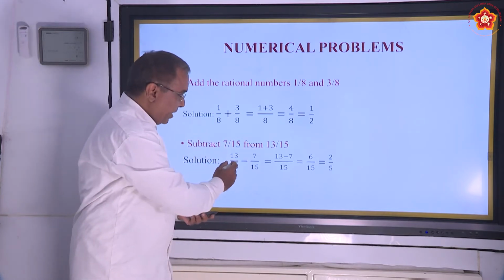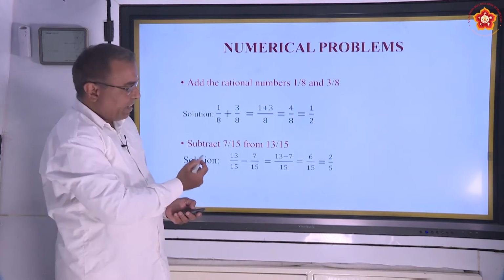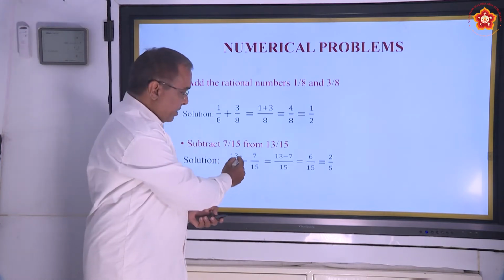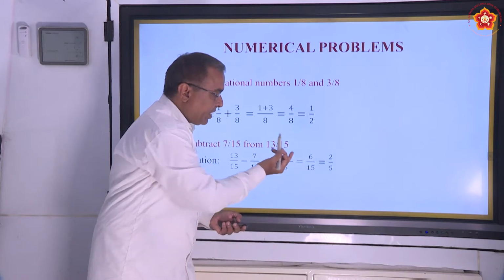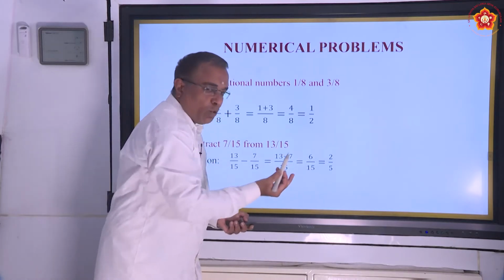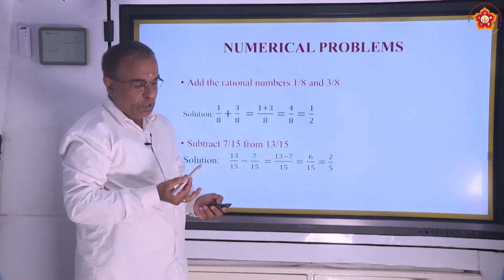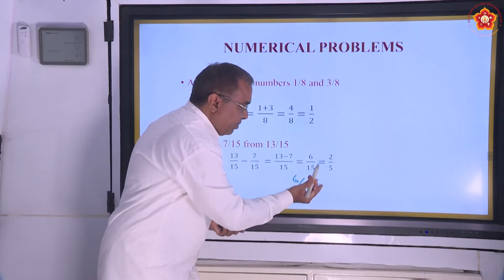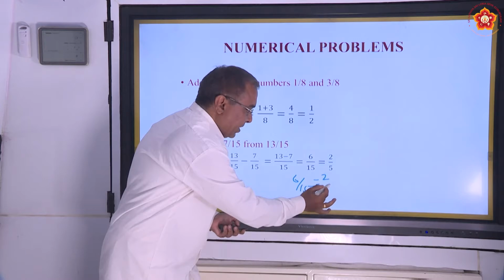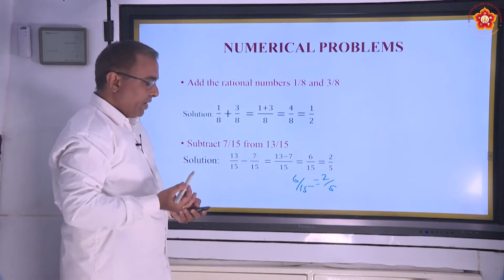Here again they have the common denominator, write the denominator as it is, 13 minus 7 will be 6 by 15. Again you know how to simplify this, both the numerator and denominator are divisible by 3. So, 6 by 15 can be simplified as 2 by 5, since 2 3s are 6, 5 3s are 15. This is the simplified answer.